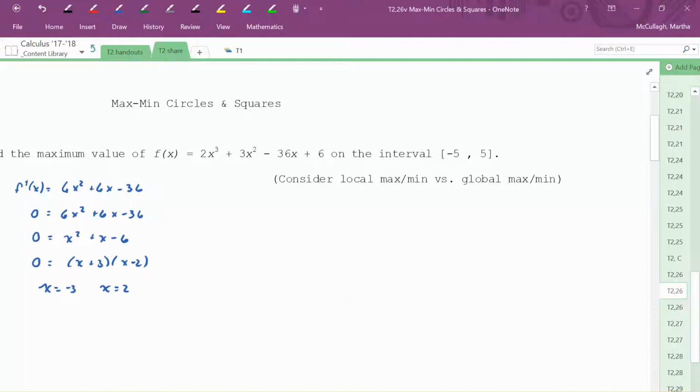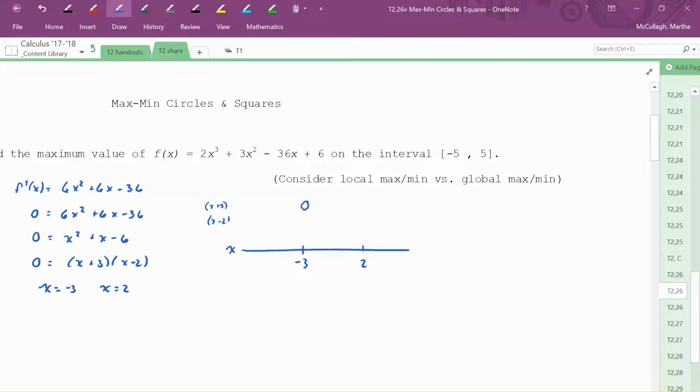So we'll make our sign chart just like always. Nothing new so far. Key values on here are -3 and 2. These are x values coming from our derivative. And because we had nice factors, I'm going to put my x plus 3 on here. I'm going to put my x minus 2 on here.